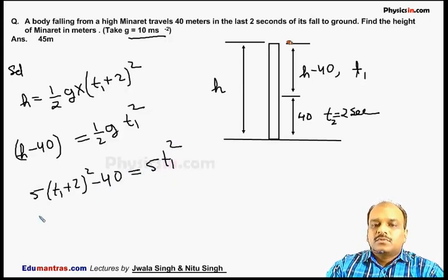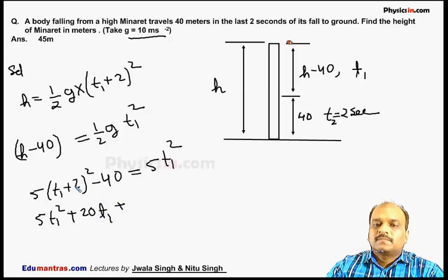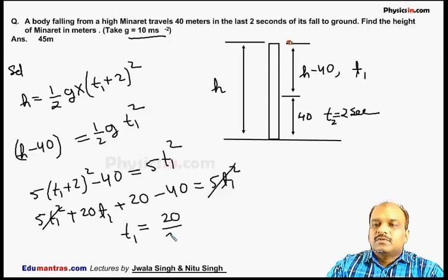Now if I open this, I get 5 t1 square plus 20 t1 plus 20 minus 40 is equal to 5 t1 square. So this 5 t1 square and this 5 t1 square will cancel out. We get t1 is equal to 40 minus 20, that is 20, divided by 20.